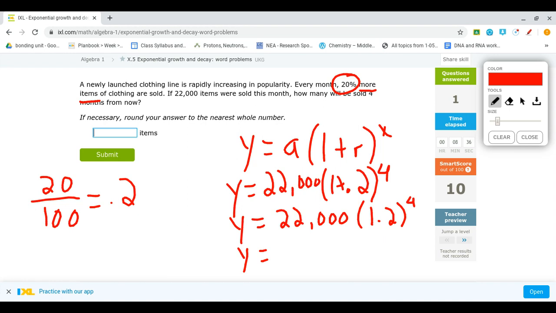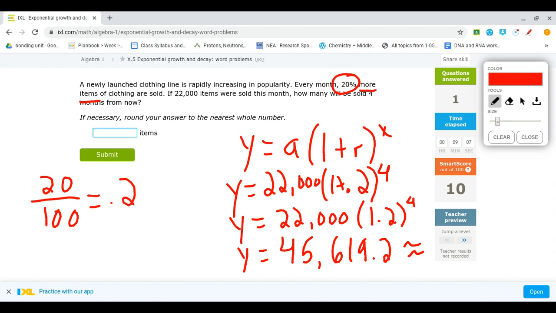Now I'm going to go ahead and type it into my calculator exactly as it appears. 22,000 parentheses 1.2 raised to the fourth power. I get 45,619.2. It says, if necessary, round your answer to the nearest whole number.